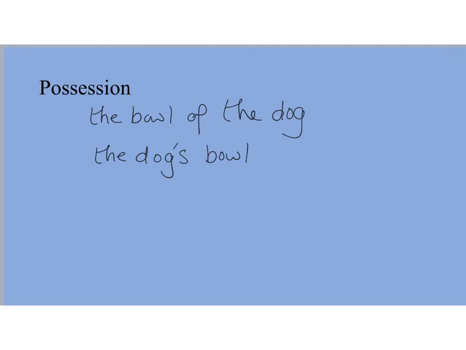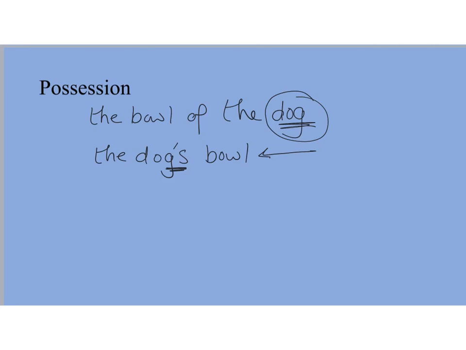And that's because when you do it the long way round, you can see how many dogs are there. Here there is one dog that's doing the owning of the bowl. But when you move to this abbreviated version, where you've missed out the of, you've got no way of telling whether that's one dog or two dogs or a million dogs unless you put the apostrophe in. And we use the apostrophe to show how many things are doing the owning.